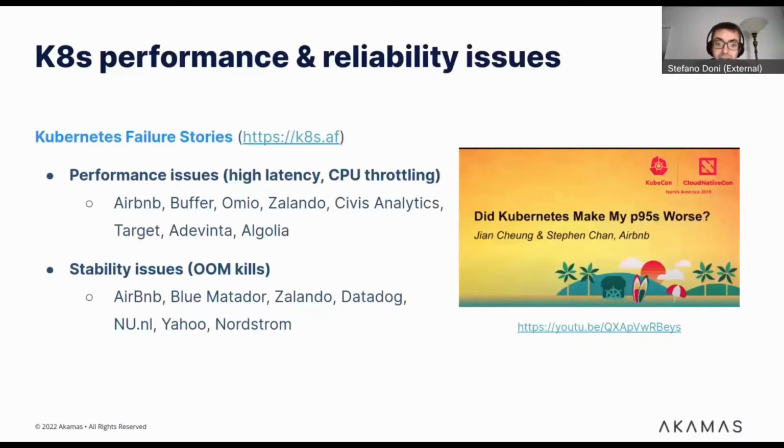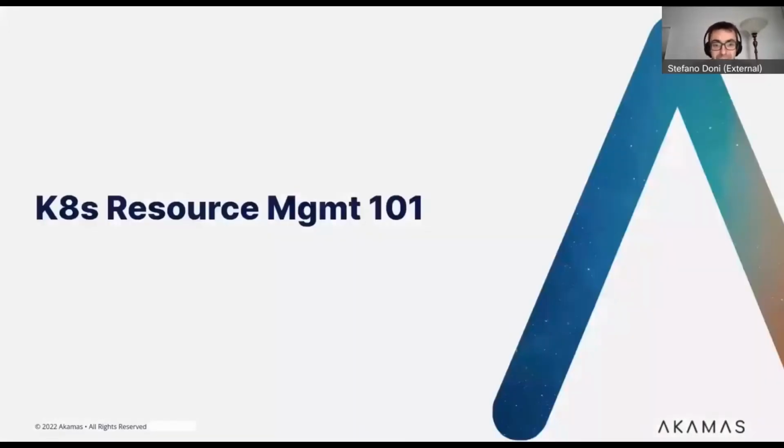So that's the issue. We see that people are facing cost issues on one side, and performance and stability issues on the other side when running applications on Kubernetes. So the key question at this moment is, what is the reason why it is so?